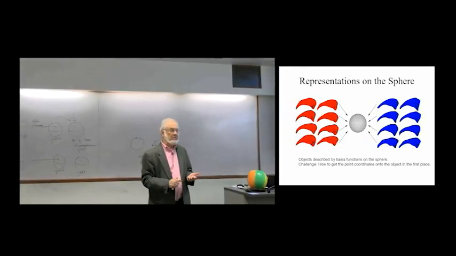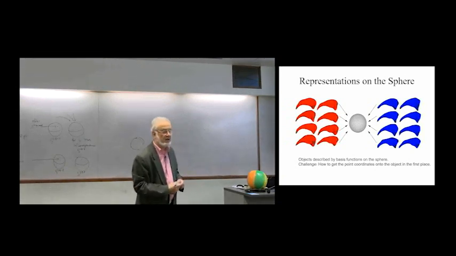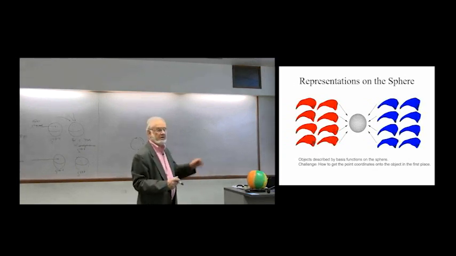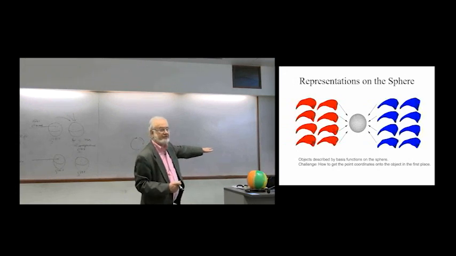And now my features are just the alphas and the betas. I have alpha 0, alpha 1, alpha 2, alpha 3, beta 0, beta 1, beta 2, beta 3. And now I can do statistics on the alphas and betas.